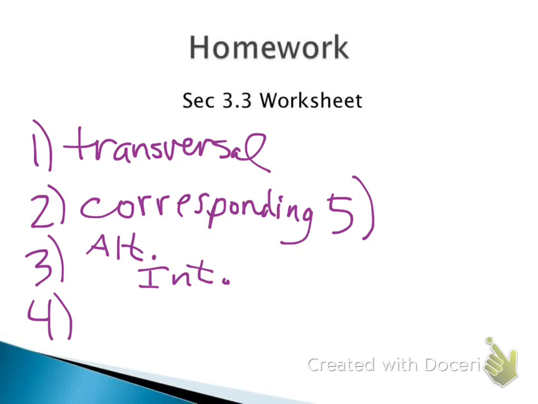So opposite sides again, so it's another alternate, but now they're on the outside. Exterior, that's alternate exterior, good. And number 5, 2 angles are blank if they lie between the lines on the same side as the transversal. Same side, interior. Very good.